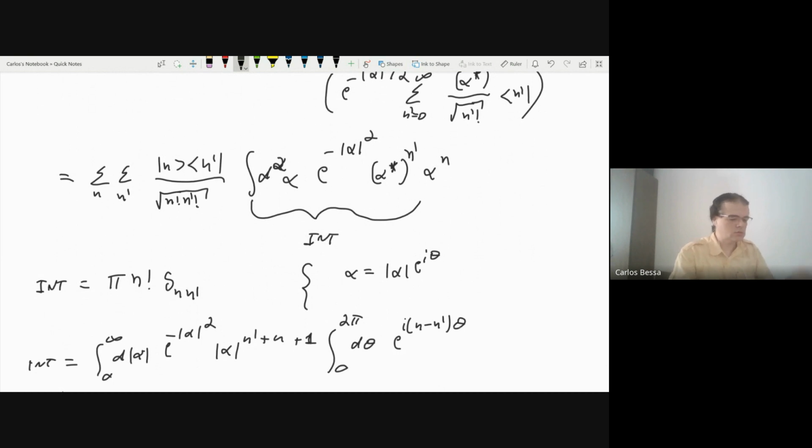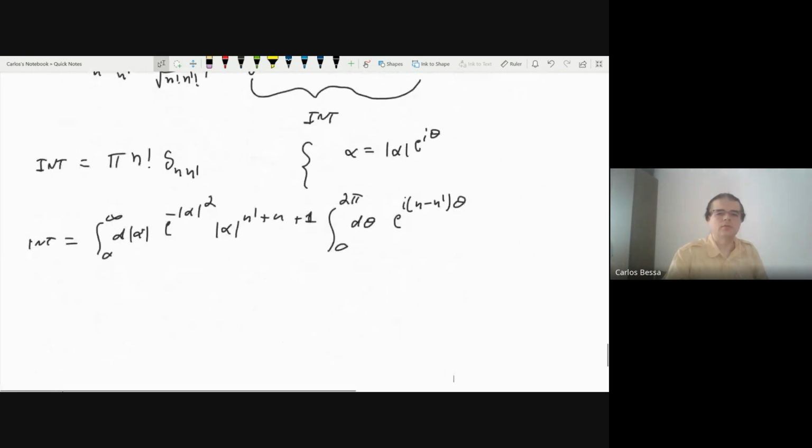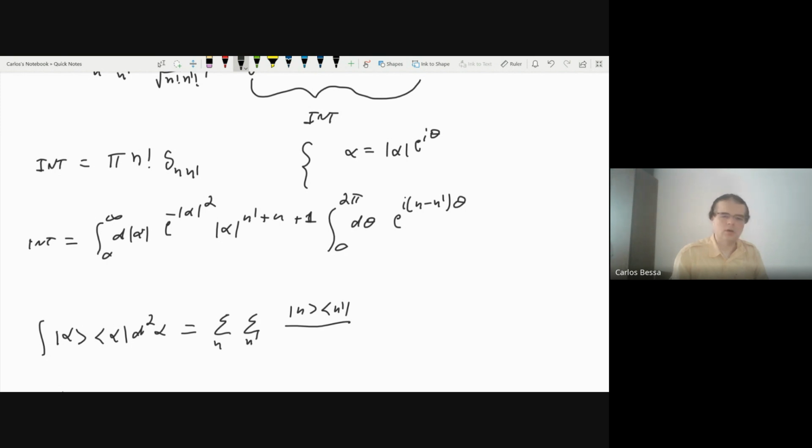And then this guy here, at the beginning, we will find that this is the sum over n prime, n of ket n, bra n prime, pi n factorial, that's the integral that we have, delta.